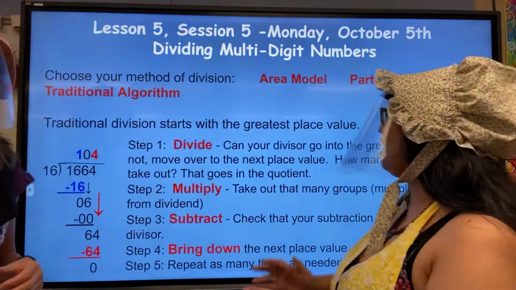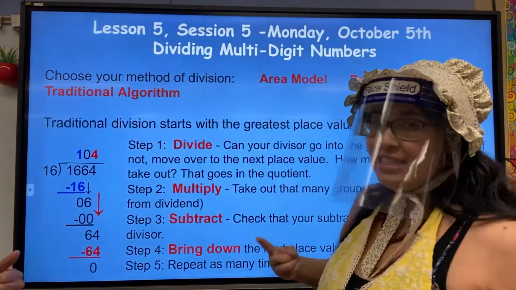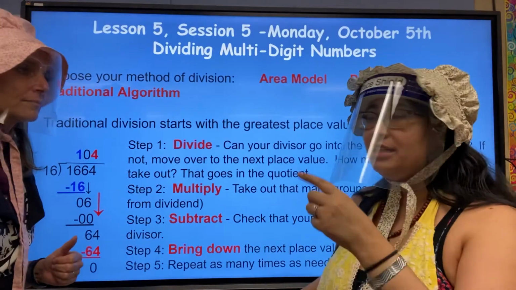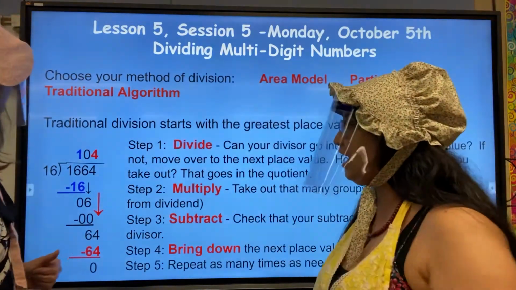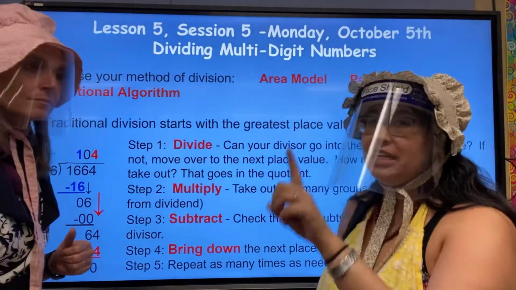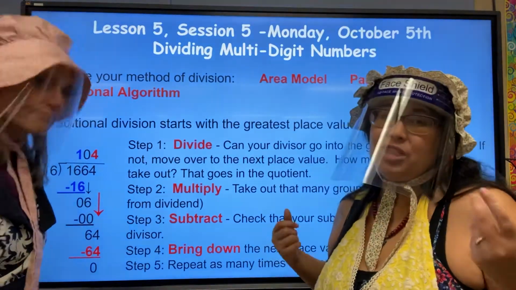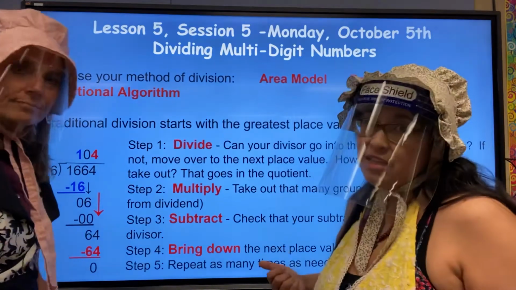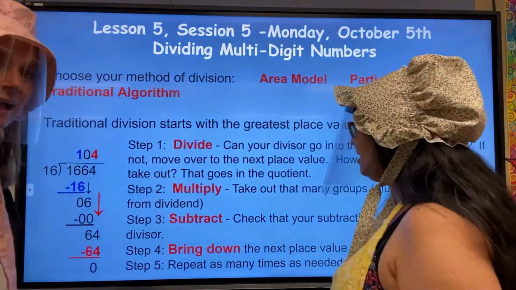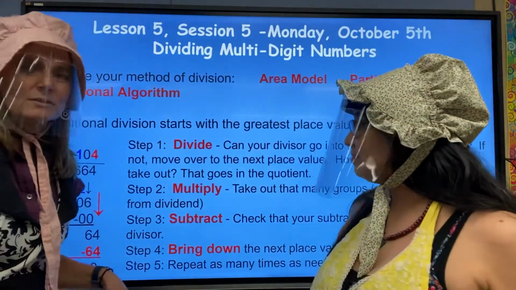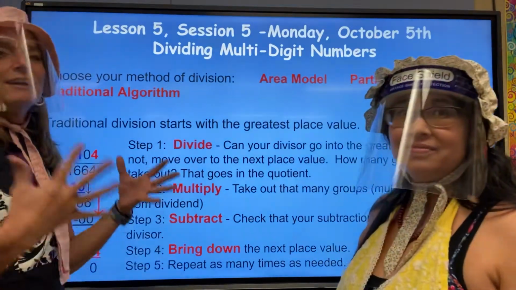All right. So last year you did learn how to divide using the standard algorithm, and you only used single digit numbers. When we use double digit numbers, it's exactly the same, except we're just using a bigger divisor. All of the steps that we use are still exactly the same.